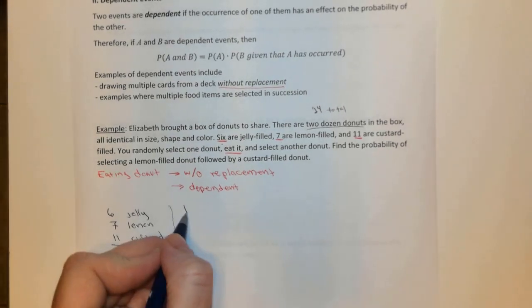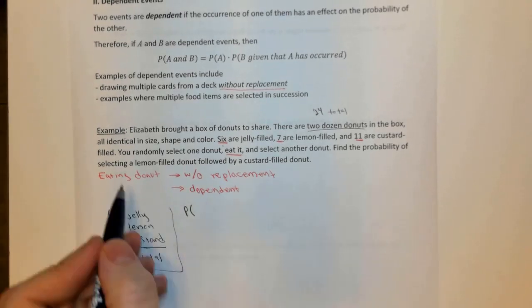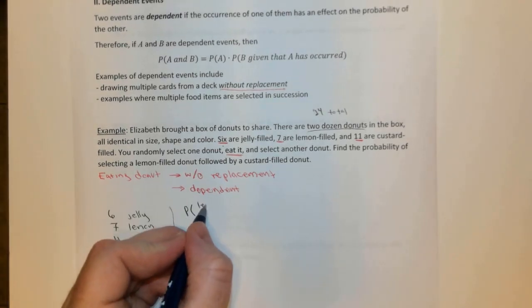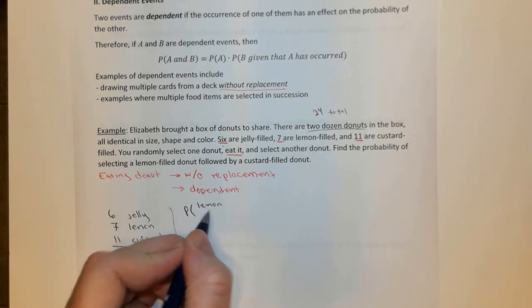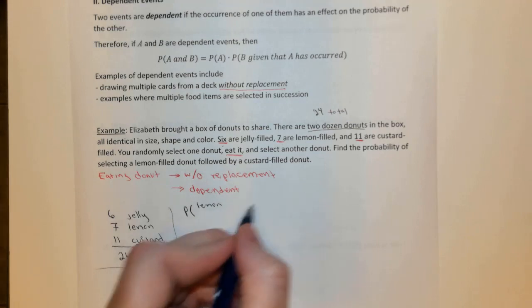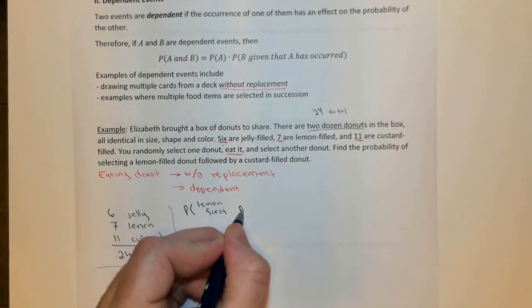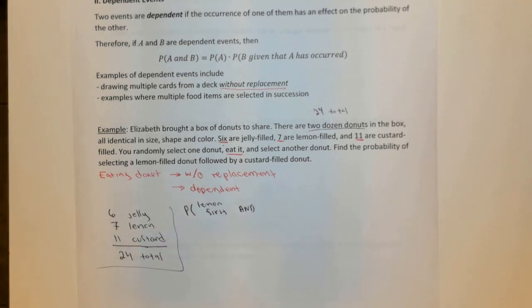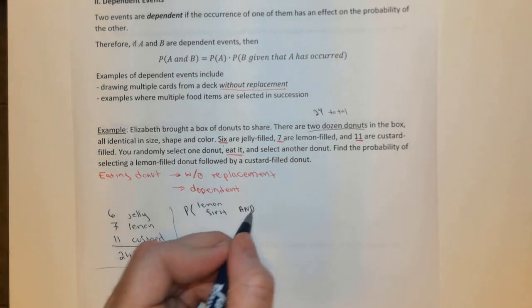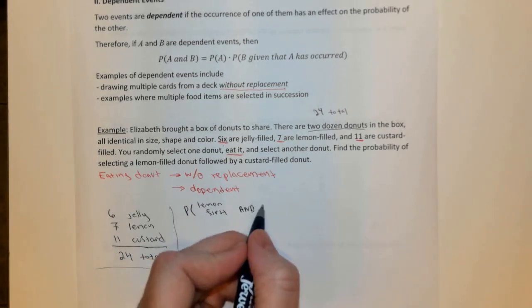Okay. So the probability of selecting a lemon first, and custard second.